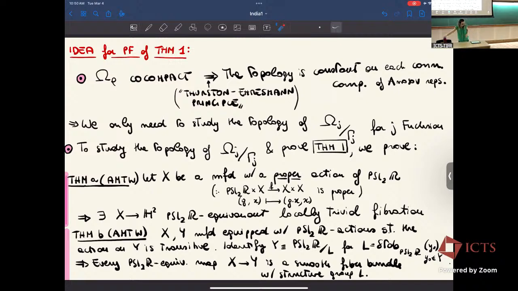And so it's the fact that for any manifold with a proper action of PSL2R, you can always find a PSL2R-equivariant fibration, a locally trivial fibration.